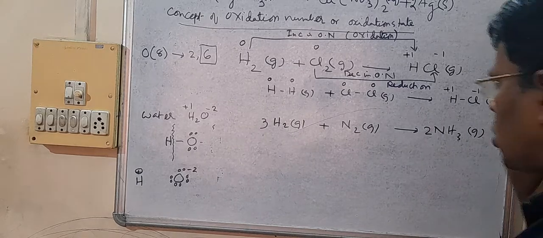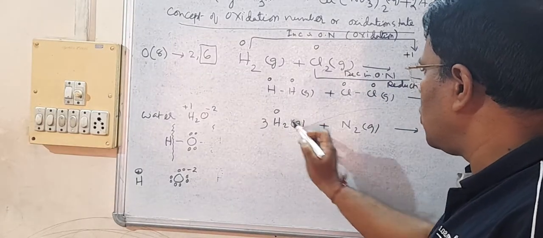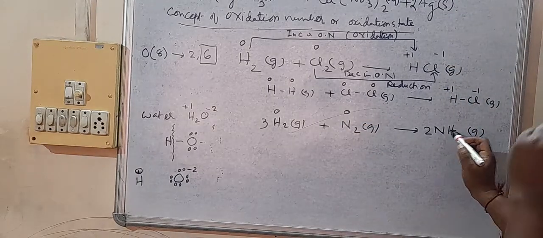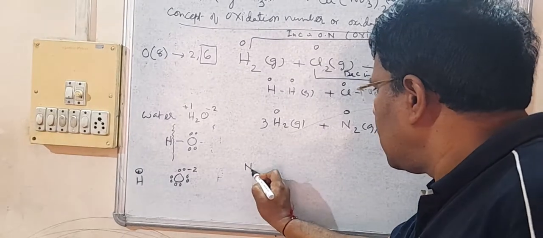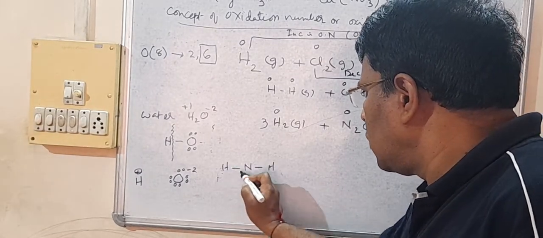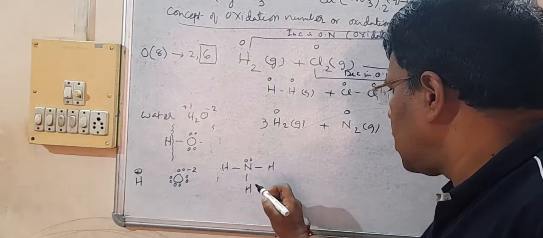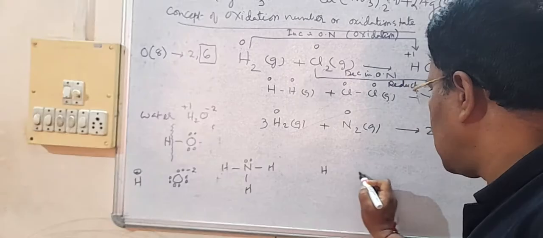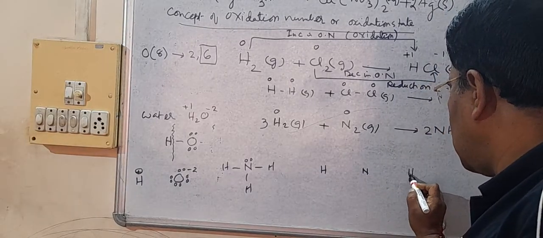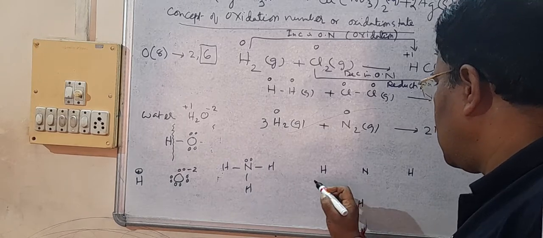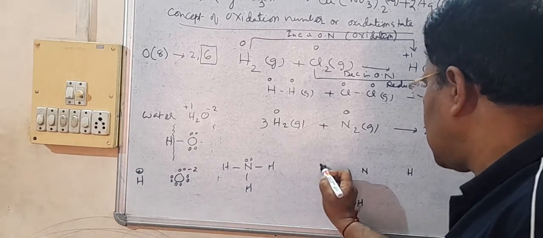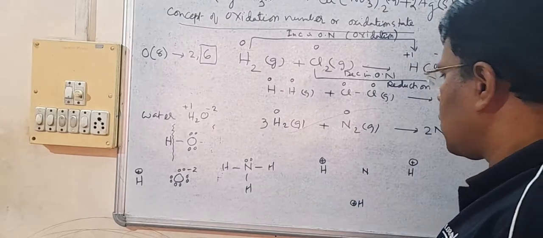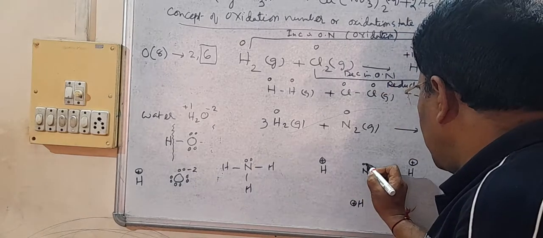Now the oxidation number of hydrogen here will be 0, the oxidation number of nitrogen here will be 0, and ammonia is this, so after the bond breaking, it is going to be like this: H, N, H, H. So each hydrogen will become plus, because they are losing their share of electron.